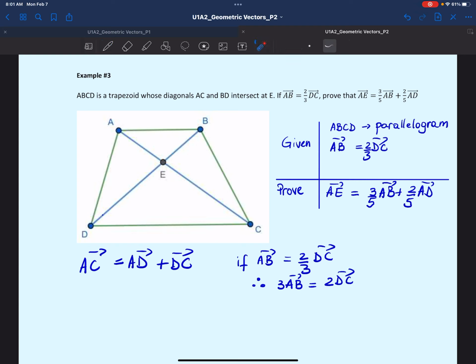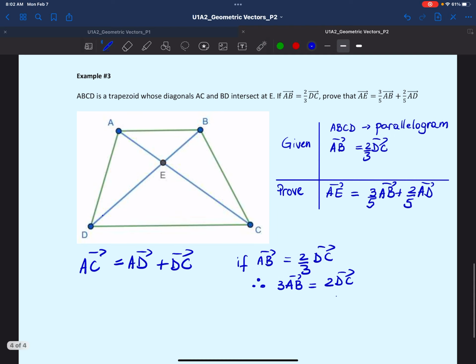How does that happen? Remember that this is a fraction, 2DC divided by 3, and AB can be written as a fraction with denominator 1. We simply cross multiply and we get 3AB equals 2DC.